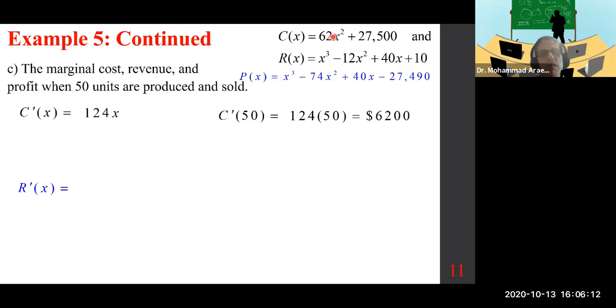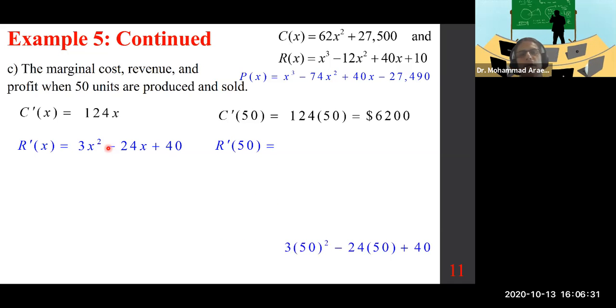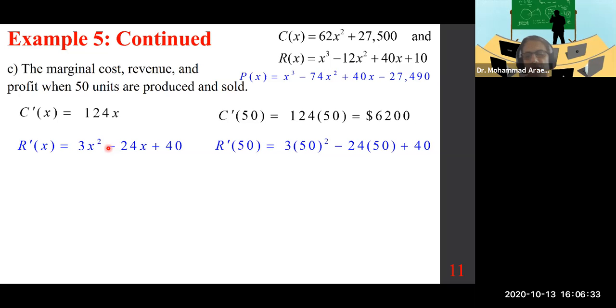The moment we hear marginal, it means differentiation. R prime is 3x squared minus 24x plus 40. Now plug in what? Number 50. Plug in number 50. A simple algebra.